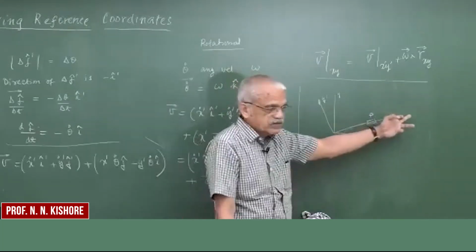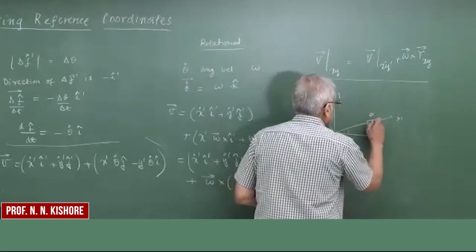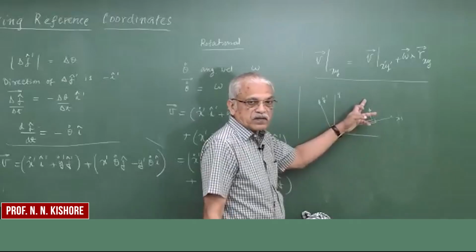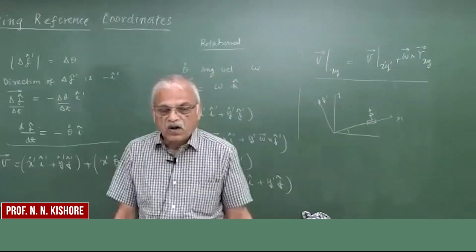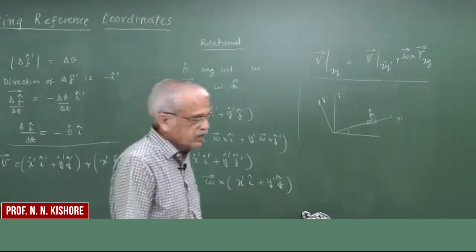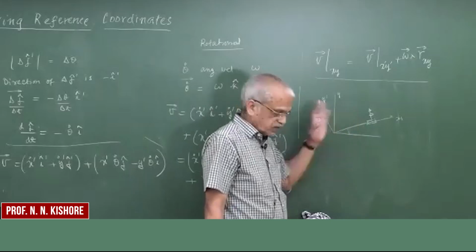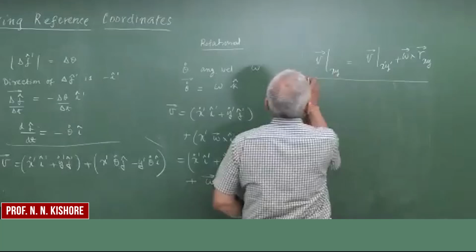But apart from that, you also know that the particle P has a perpendicular velocity component because of the rotation of the rotating frame, which is missed by the rotating frame observer. Okay, so thus we have this relationship.